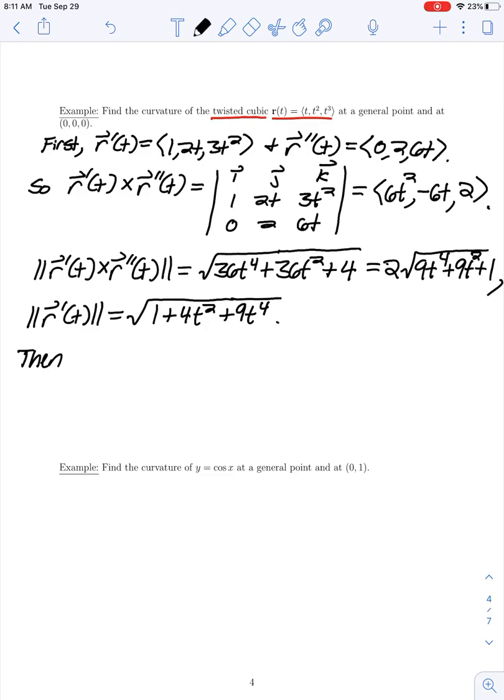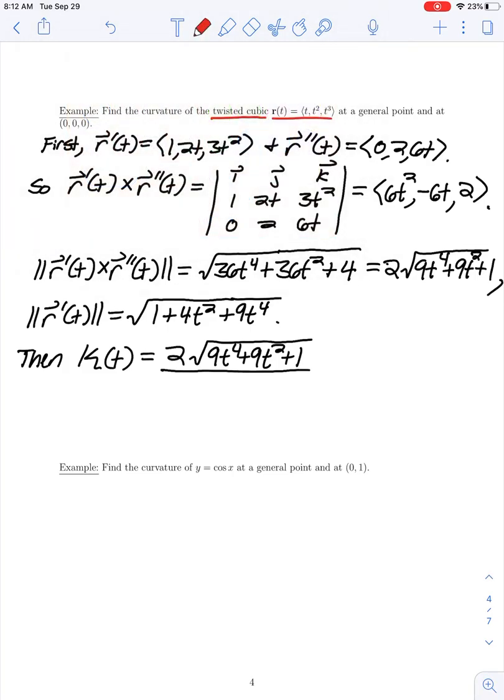So at this stage, we're ready to calculate the curvature, kappa of t. It's given by the magnitude of the cross product of r prime and r double prime, which we found to be twice the square root of 9t to the fourth plus 9t squared plus 1, over the magnitude of r prime raised to the third power, or the magnitude of r prime cubed.